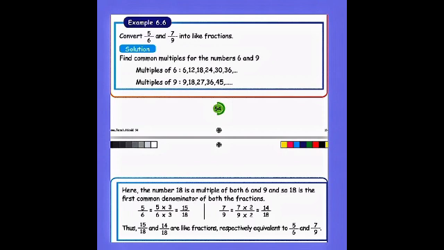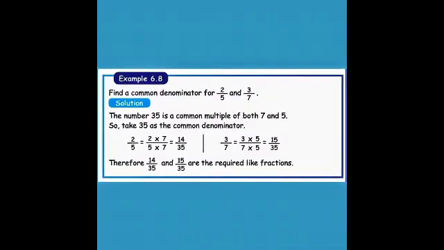Did you all understand how to convert unlike fractions to like fractions? Yes. Next, find a common denominator for 2 by 5 and 3 by 7. Here we could find the multiples of 5 and 7. The other way is, if you multiply 5 and 7, you get a common multiple, that is 35.